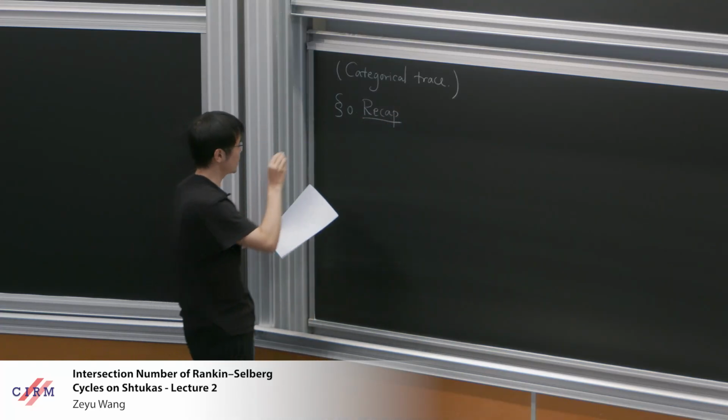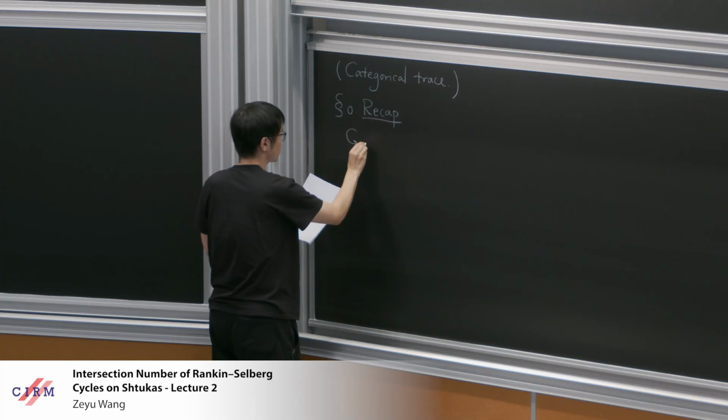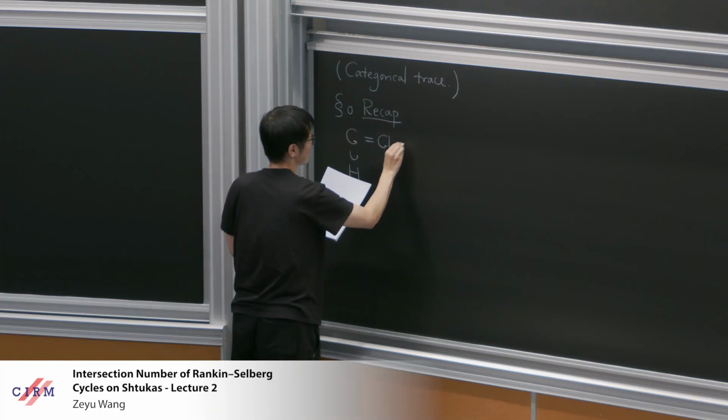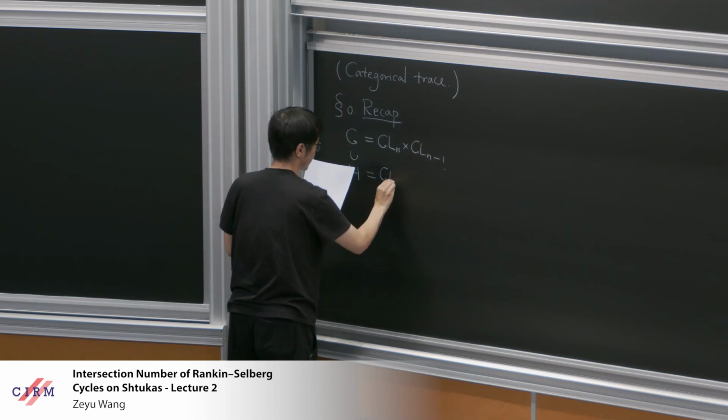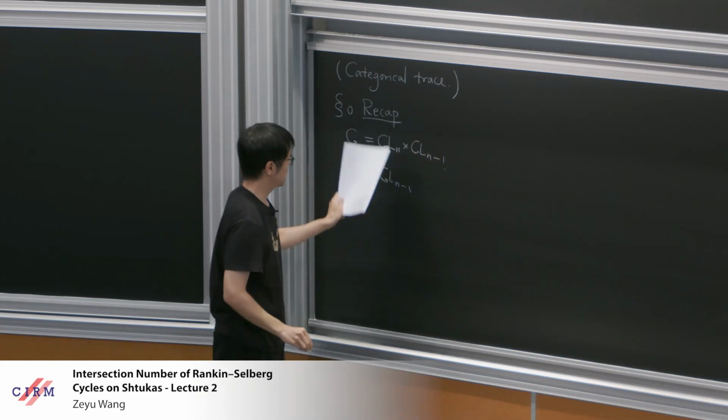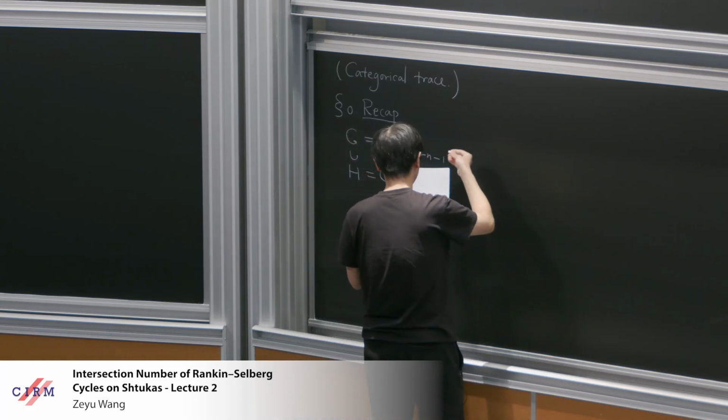So we consider this group pair G and H, where G is GL_n cross GL_{n-1}, and H is GL_{n-1}, embedded in the most canonical way.